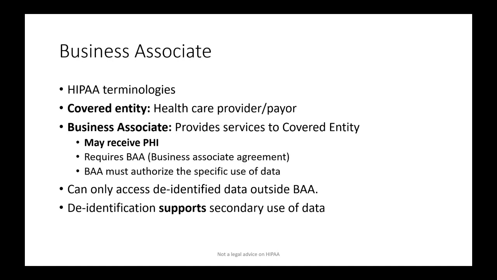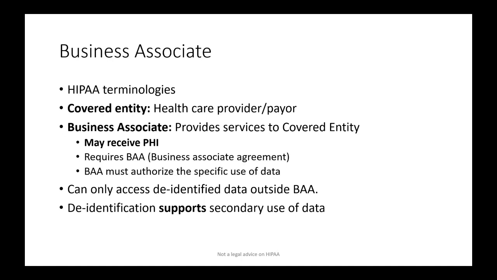Receiving the raw, identifiable data is perhaps the best from the research perspective because you get all the information, but you need to be very careful about it because you need to have a BAA, and the BAA needs to allow you to do the work that you are doing, right? If you want to do anything outside the BAA, then you can only access de-identified data.